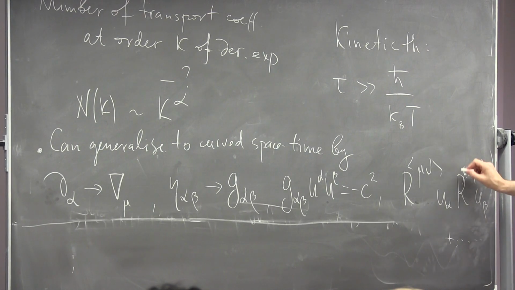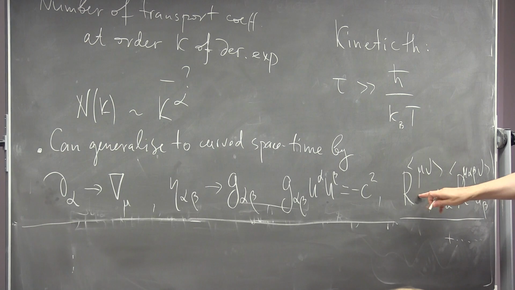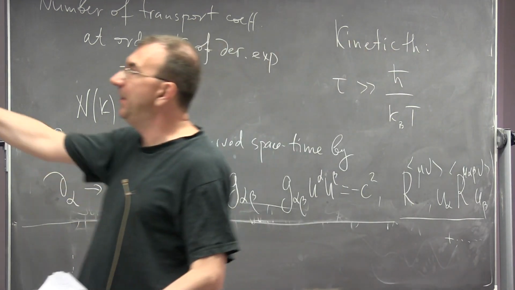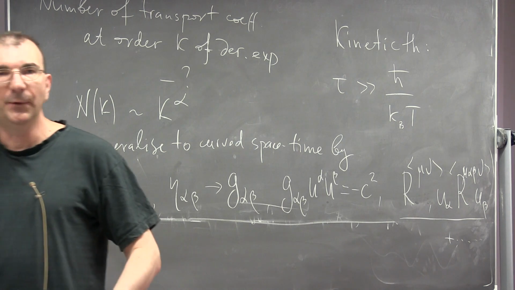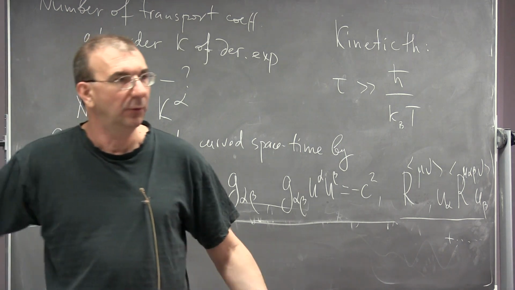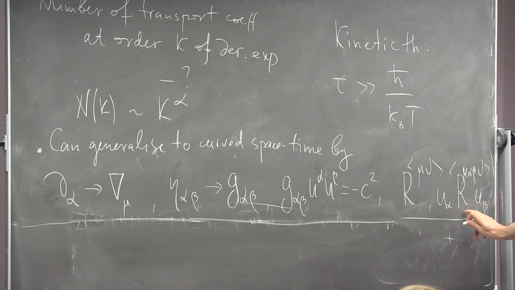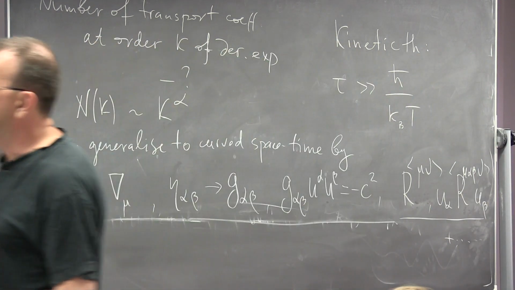Structures of this type are also appropriately symmetrized to respect the symmetries of T mu nu. The point is that these vanish in flat spacetime because the curvature tensor vanishes, but in general curved spacetime they will be there. So you write down all tensor structures compatible with the symmetries of T mu nu and involving only k derivatives at order k. That's the only rule you have to follow, and you include terms containing R mu nu and Riemann in the appropriate power of derivatives.